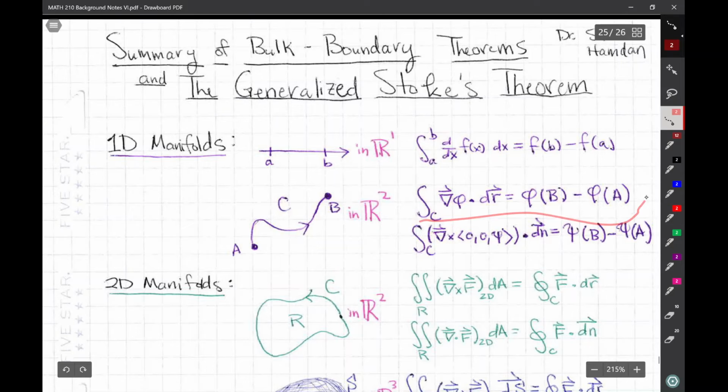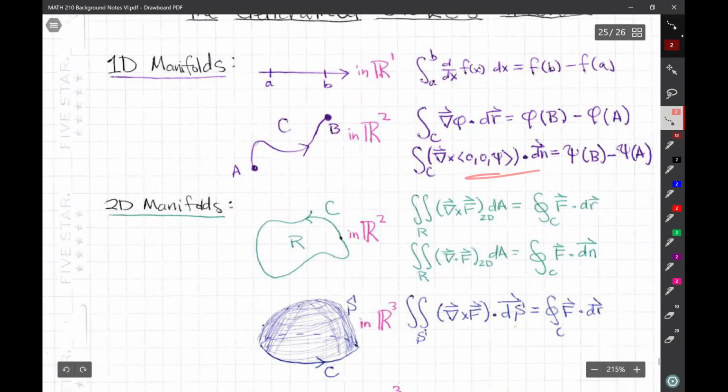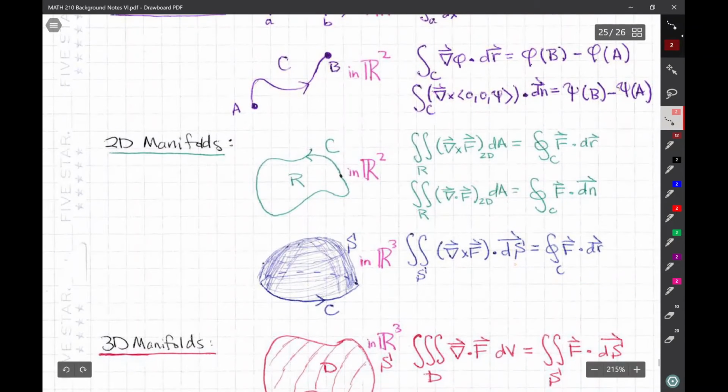Just a quick note here about this one: this also would work for a 1D manifold in R3, or in fact any dimension. But this one only works for vector line fluxes, and we only talked about it as living in R2.